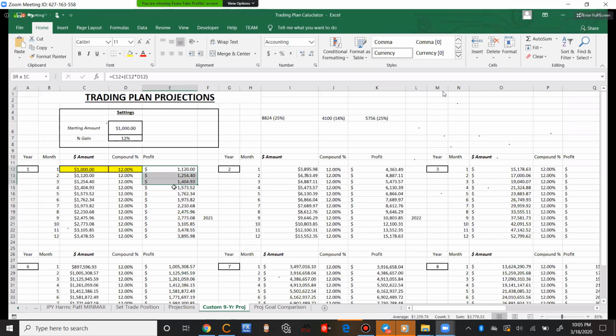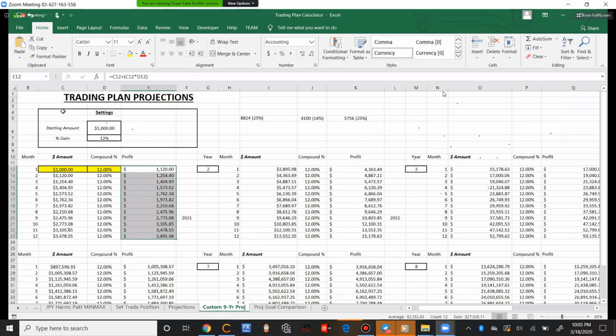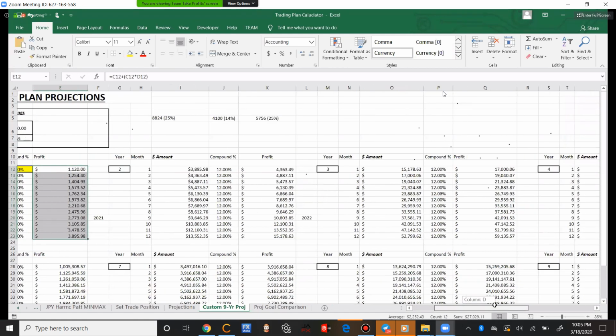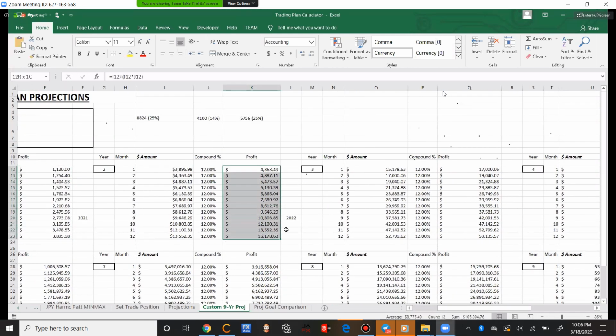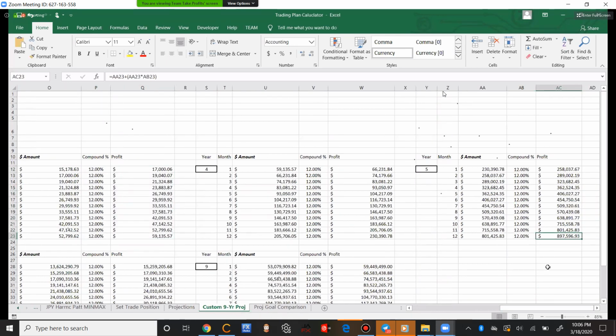You can see the numbers right over here. With $1,000, it crawls up pretty slowly for the first year, assuming you don't put any money in after that, and it keeps going. It's slow, but you'll get to a million eventually.